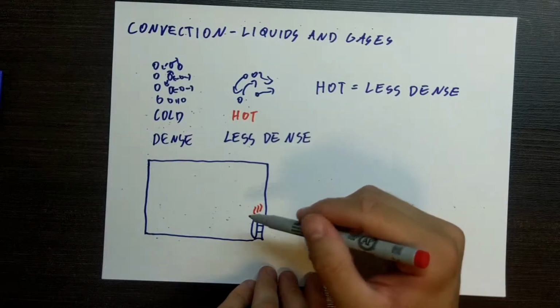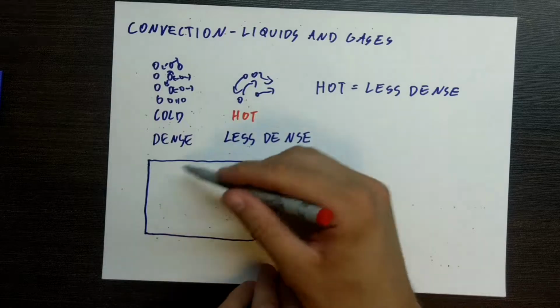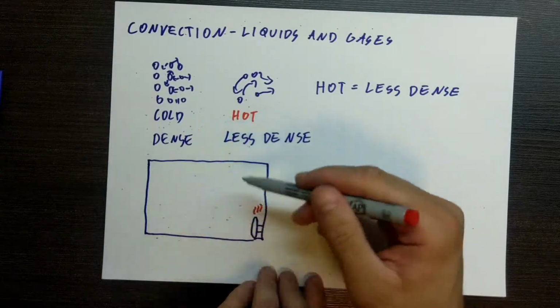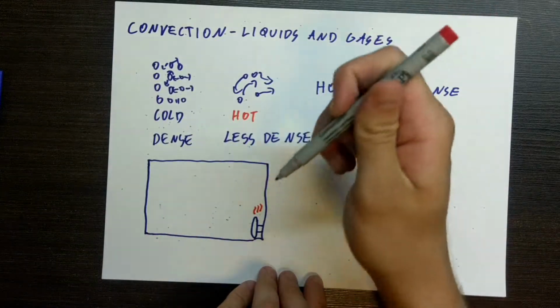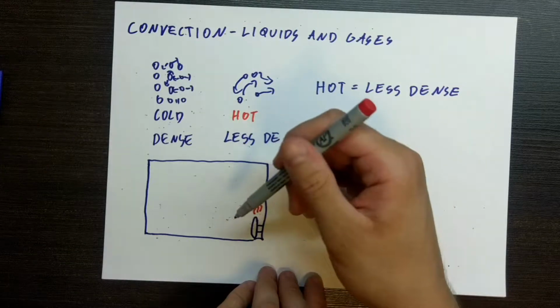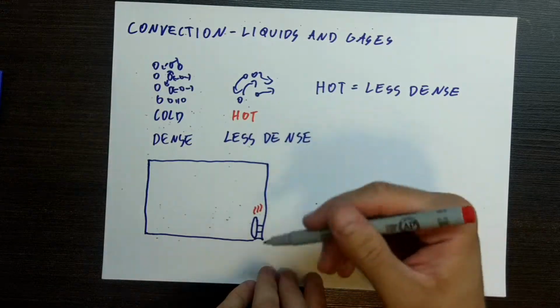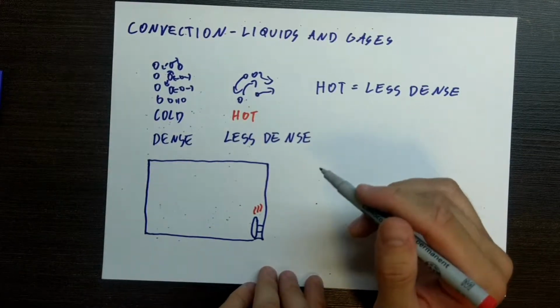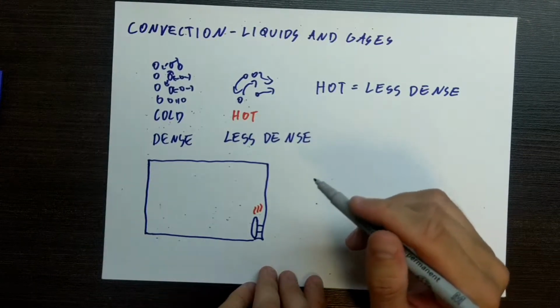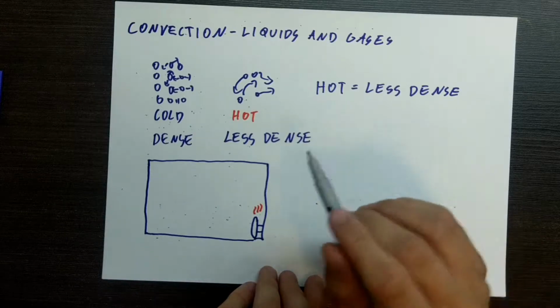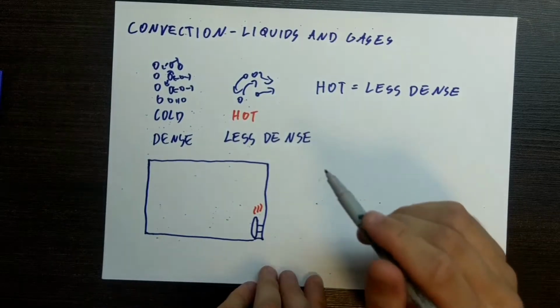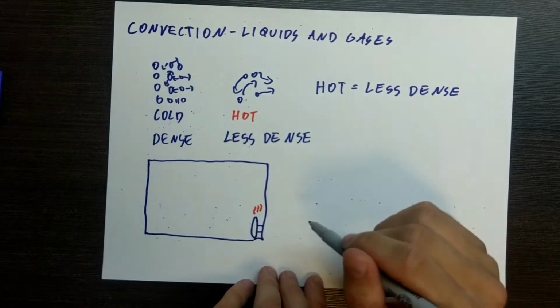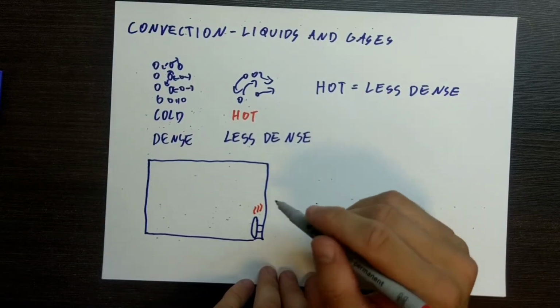Now what happens if we have less dense air here, whereas we have very dense air everywhere else? Well, the dense air falls down, whereas the hot, less dense air rises. You may have noticed this, for example, on a hot day, if you go on the top floor of a building, you will see that upstairs it almost always is hotter than downstairs. This is because of convection.